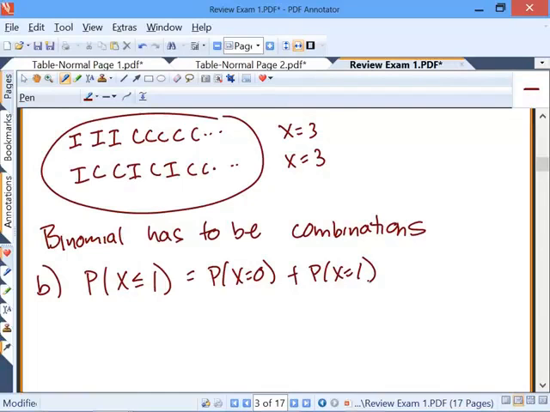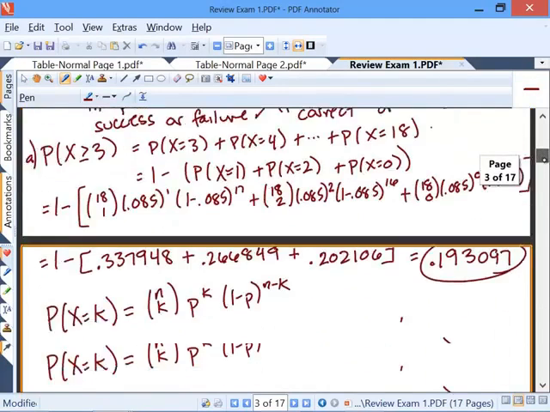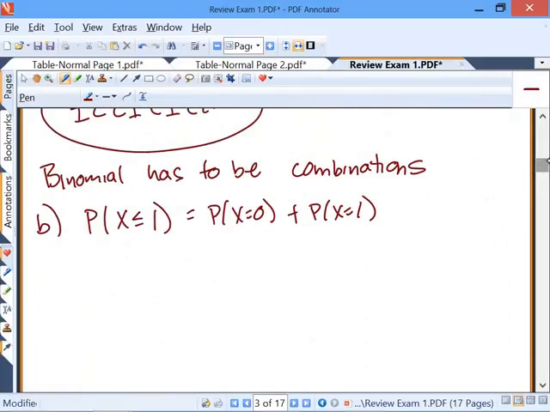No, we already found them. This one was 0.337948, and the x equals 1 was 0.202106. Did I transfer those correctly?